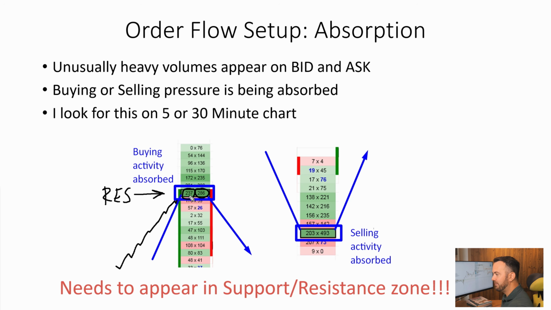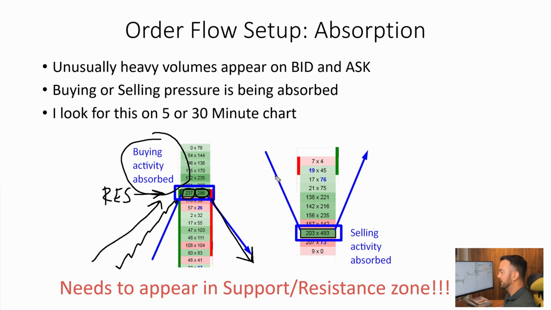Alright? So we have heavy volumes on bid and ask, and this means the market is absorbing the buying pressure, and eventually the buyers run out of fuel and sellers take over and the price goes down, right? So this is buying activity absorbed.